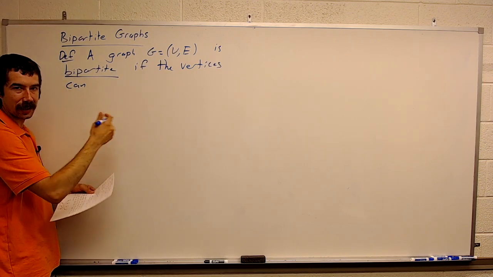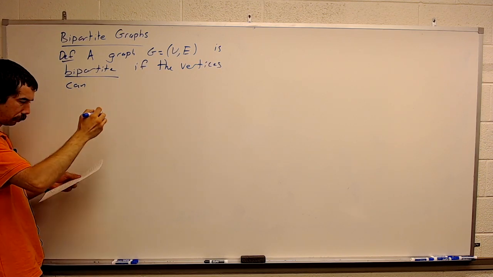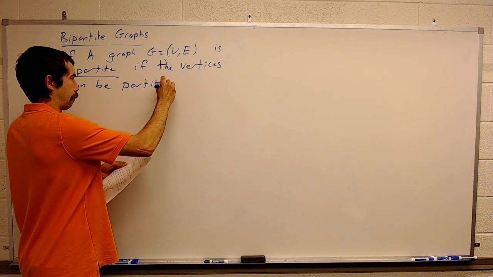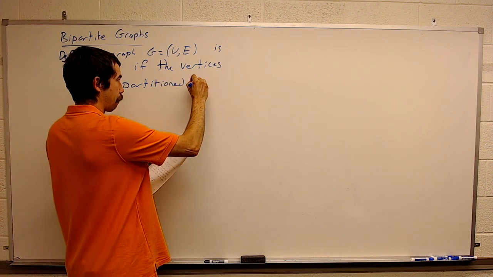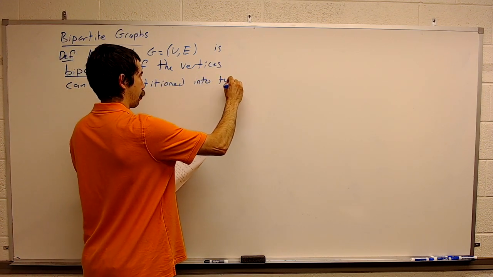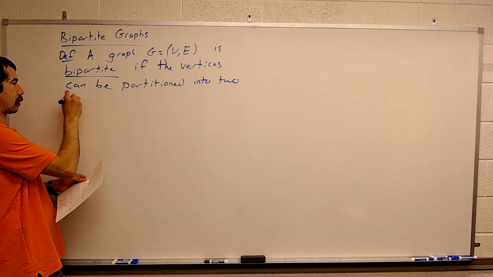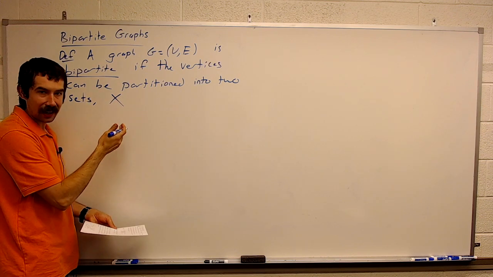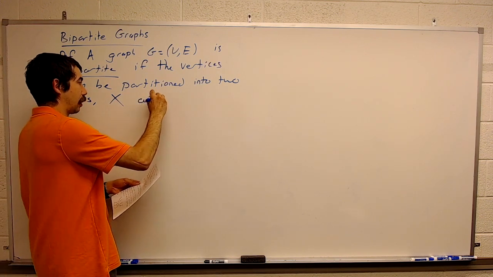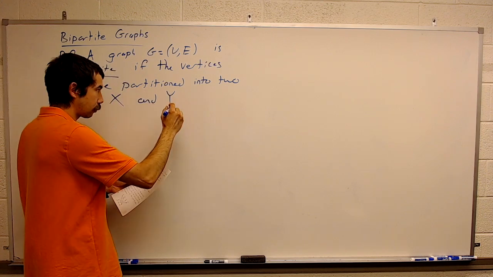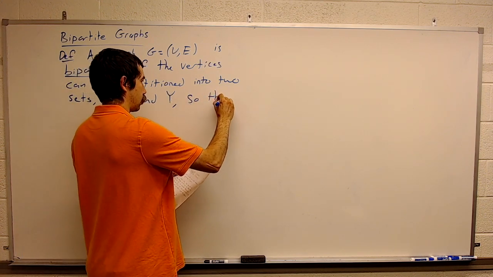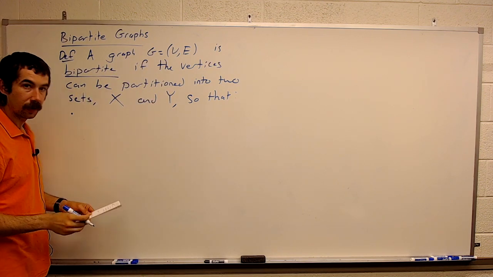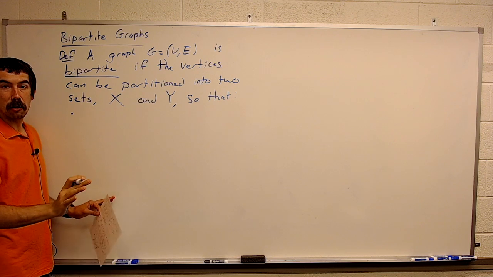All right, so if the vertices can be partitioned, that means we're separating them into two groups. So into two sets. There's going to be a set that we call X and a set that we call Y. So that, well, first, X and Y have no vertices in common.